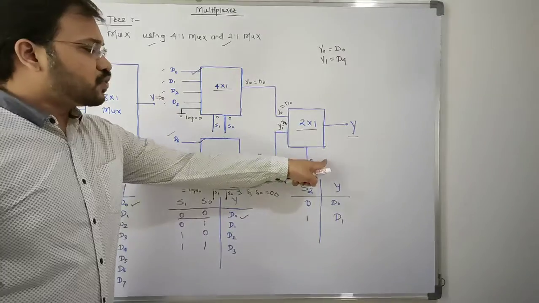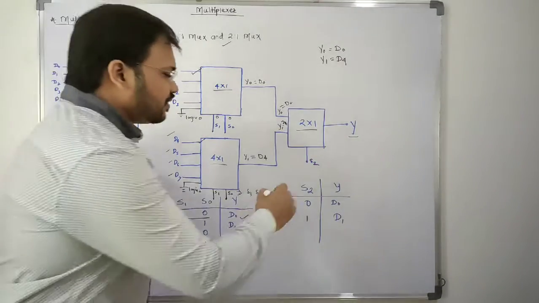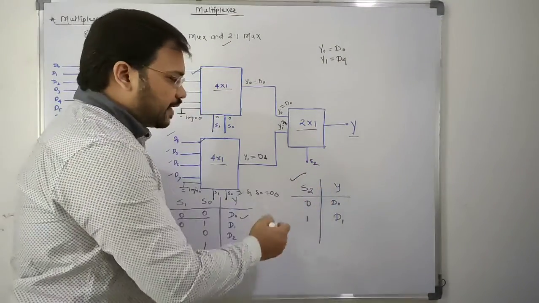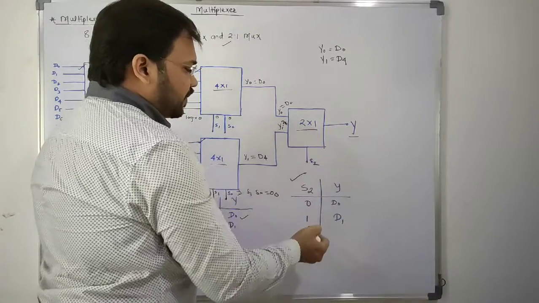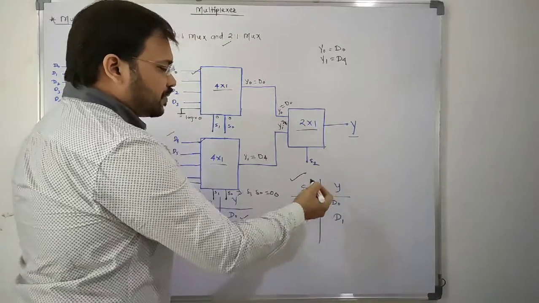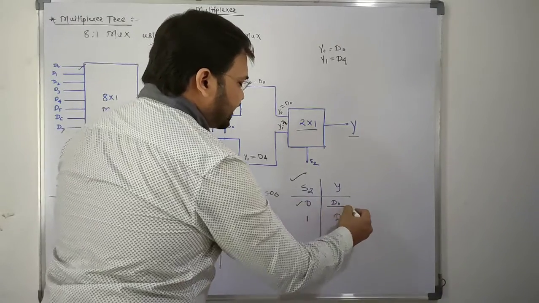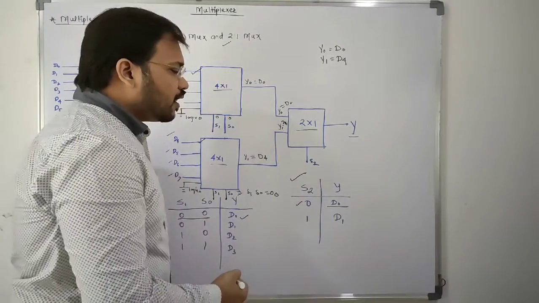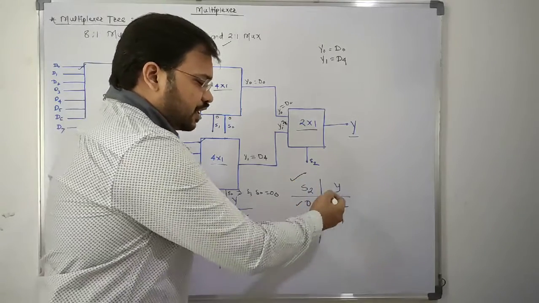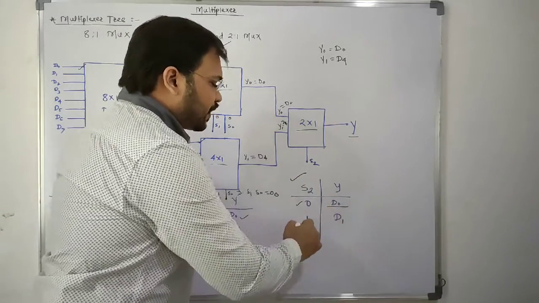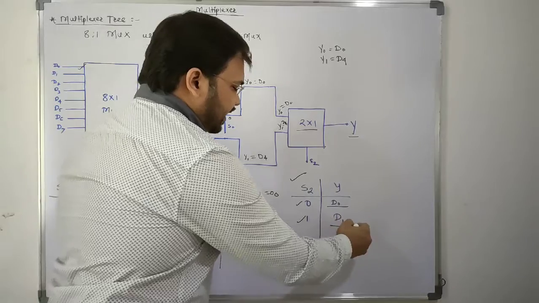Okay, for the 2:1 multiplexer, now check the functional table of the 2:1 multiplexer. It says that if the value of the select line is 0, then D0, the first data input, is selected, and if it is 1, the second one is selected.